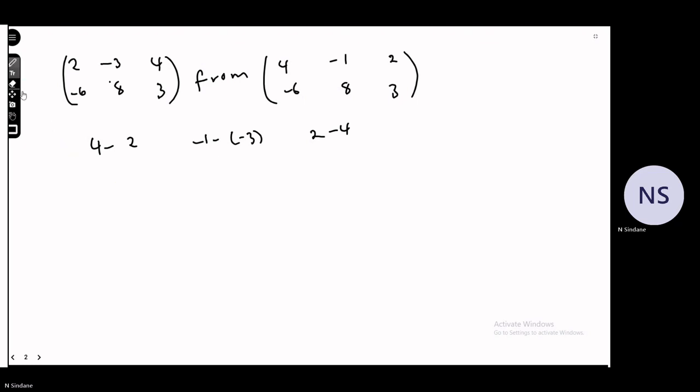And then 8 minus 8, then 3 minus 3. This gives us 2, 2, and -2, then 0, 0, and 0.